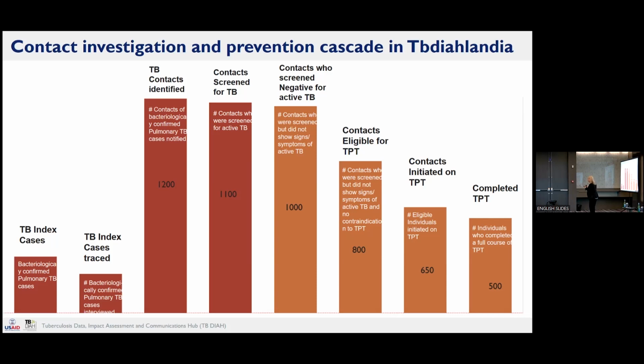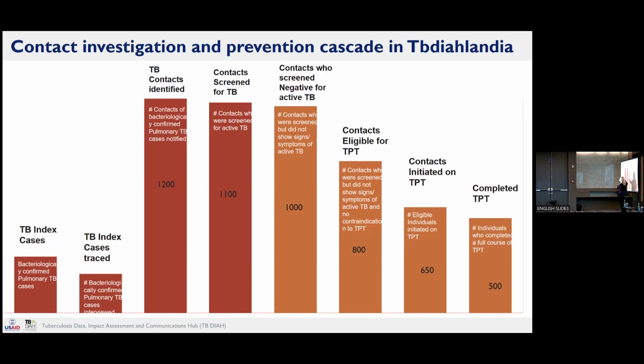So here we have a gap. Of those whose contacts were traced, we have 1,200 close contacts.